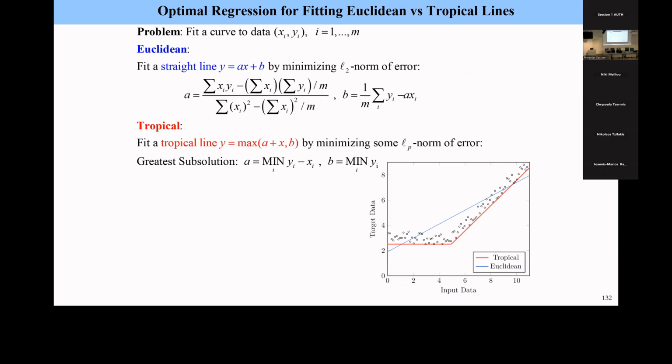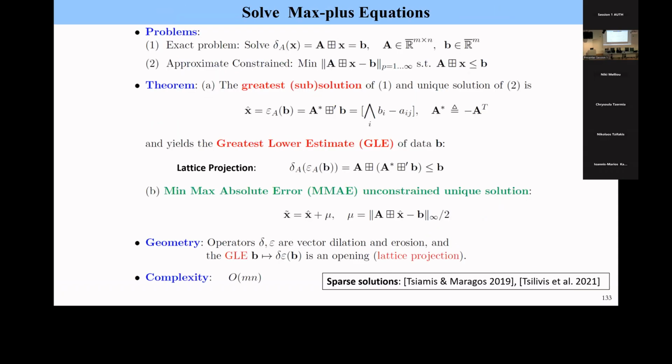Toward this problem, again I repeat the two optimal solutions of solving max-plus equations. Again, we see here this algebraic problem being very useful. I remind you the two solutions, the red and the green. The red is the greatest lower estimate.